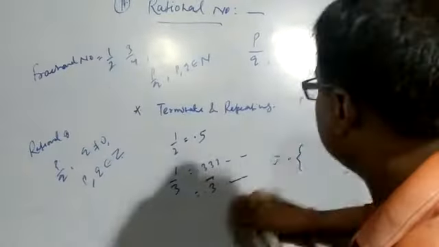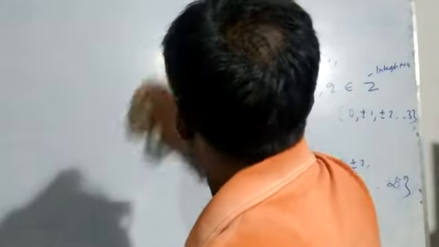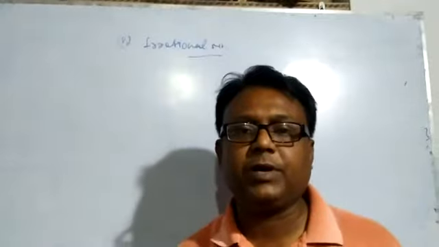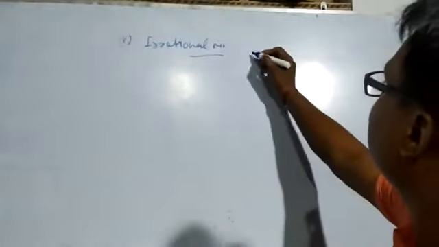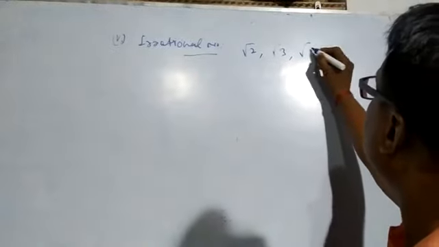So now we are going to read about irrational numbers. About irrational numbers, I can say that these are not perfect squares. Generally, students have seen root 2, root 3, root 5.